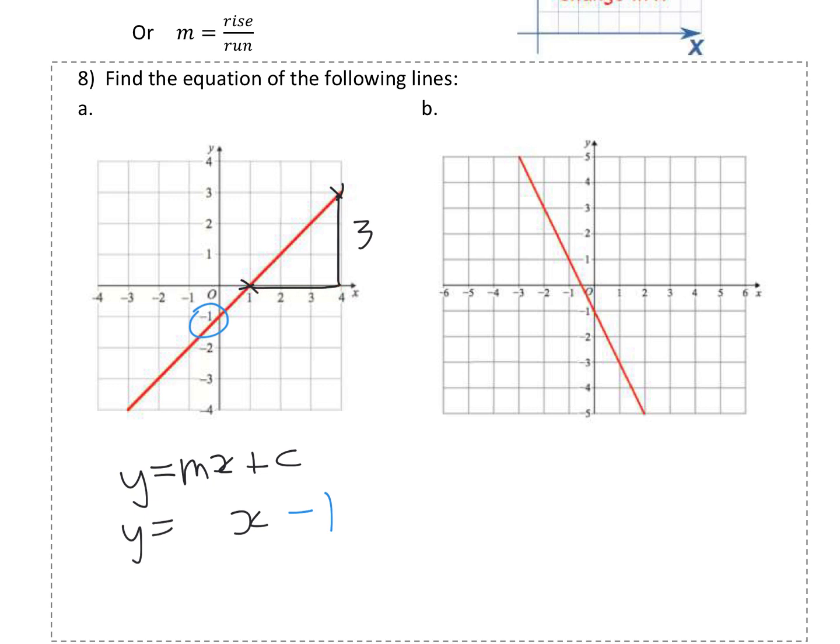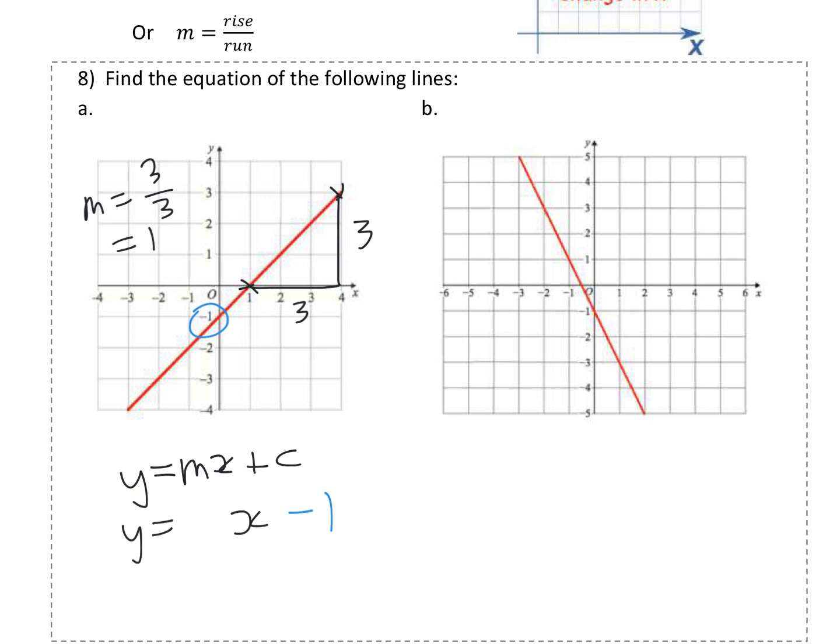That's a difference of 3 as well. Or the rise is 3 and the run is 3. The gradient then is 3 divided by 3, which is 1. So we put in y equals 1x minus 1. But when the gradient is 1, there's no point in writing the 1 in there. X is on its own. That means 1x. So that's it, done.